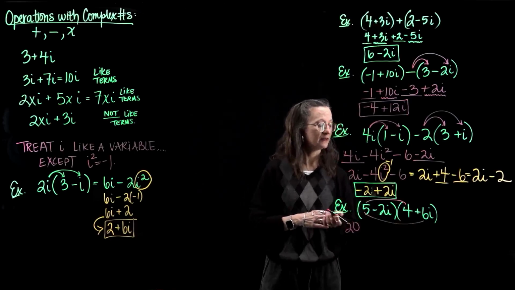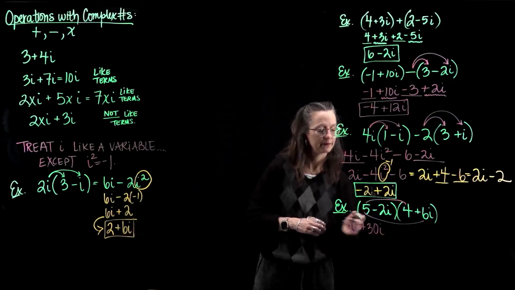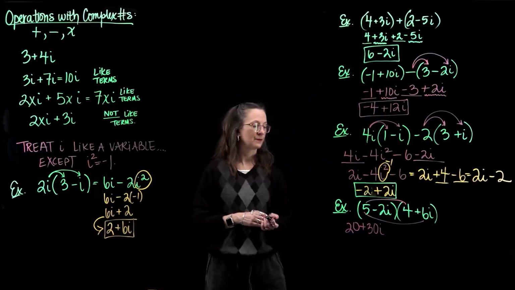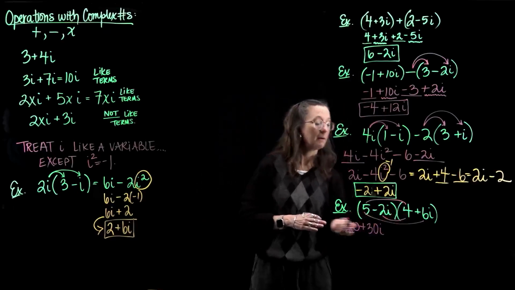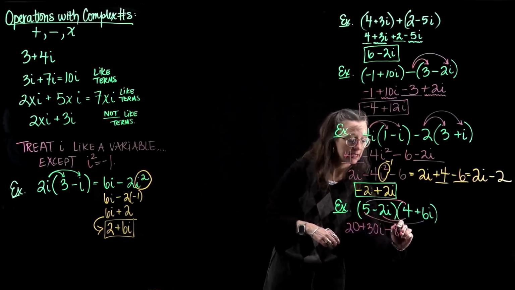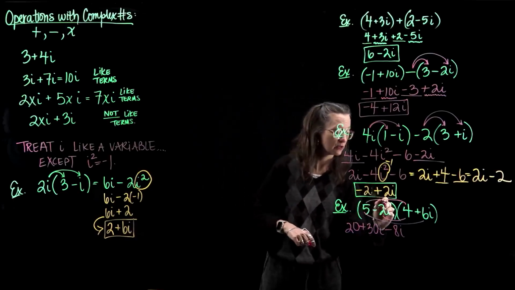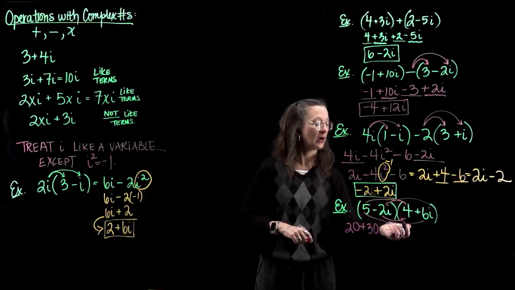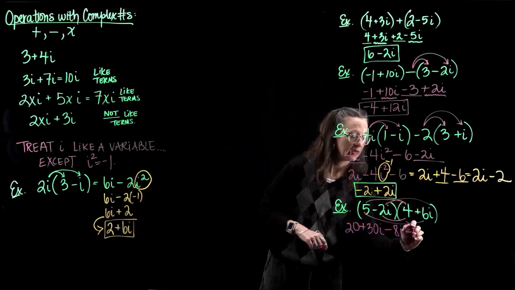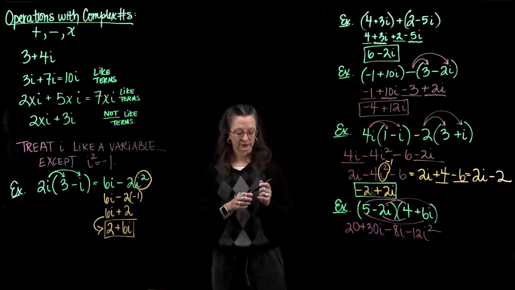Outside, 5 times 6i is going to give me 30i. Inside, minus 2i times positive 4 is a minus 8i. And then last terms, minus 2i times positive 6i gives me minus 12i squared.